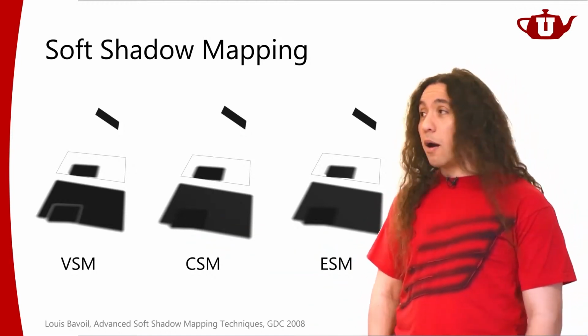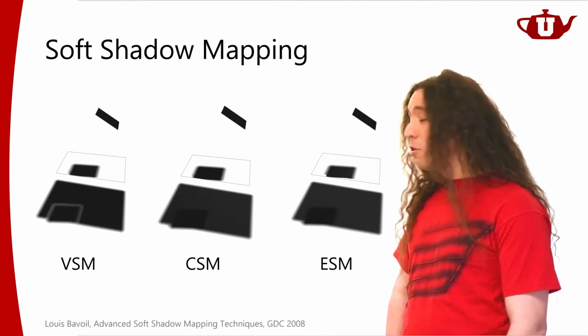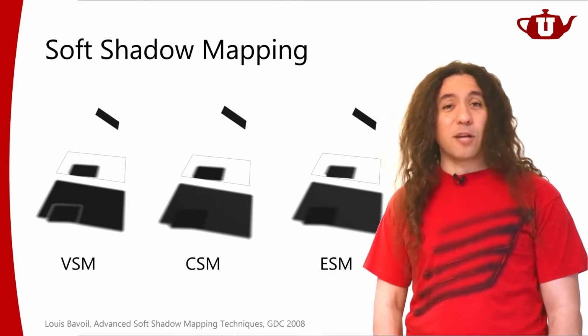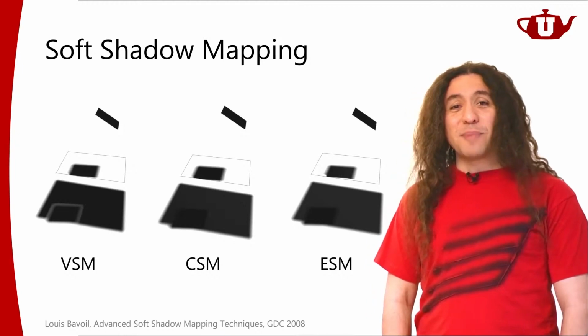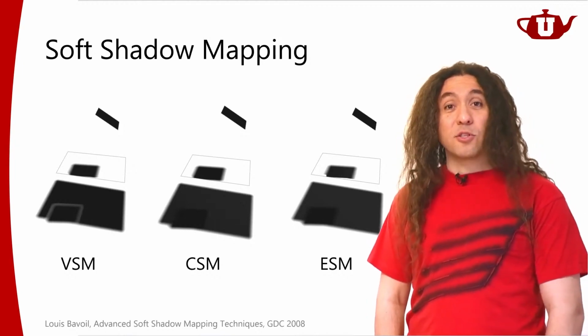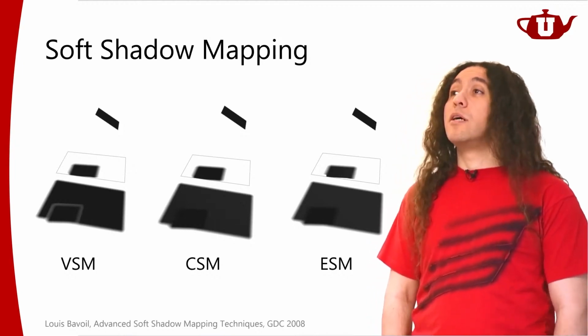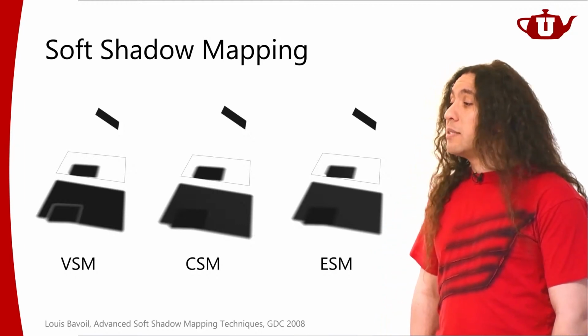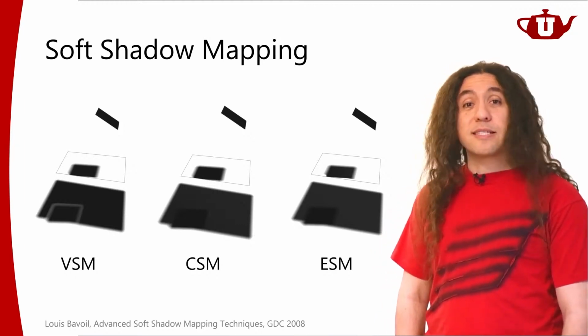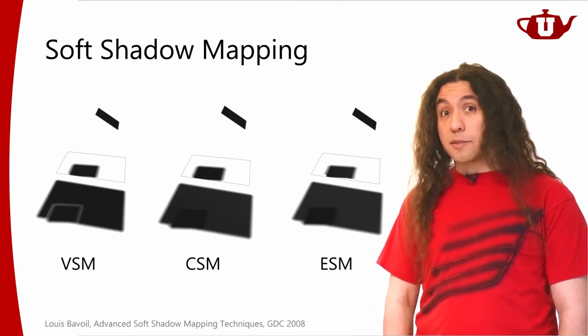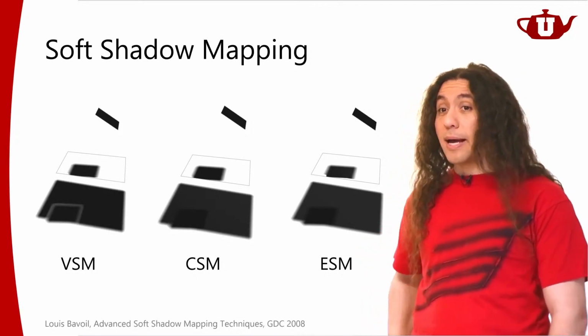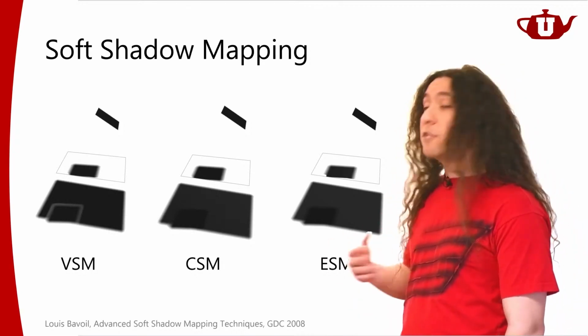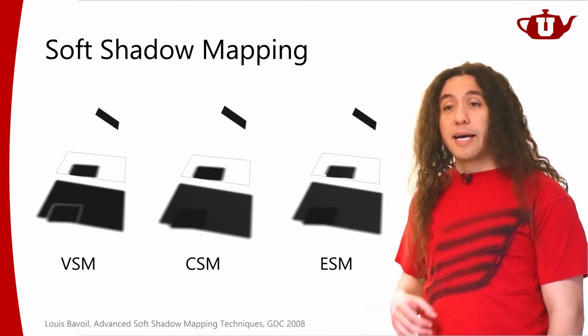Beyond that, there are other methods that don't quite look like shadow mapping at all, but they provide soft shadows. For example, you could assign distance fields to all objects, and then do something like a simple ray tracing-like lookup in that signed distance field.